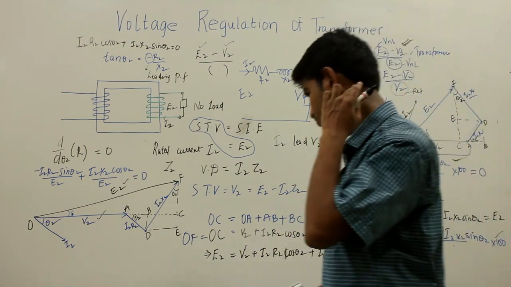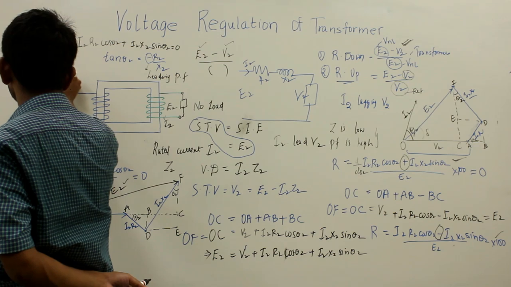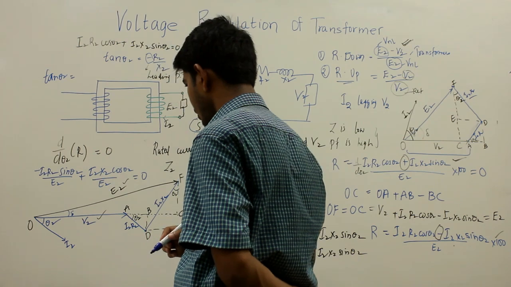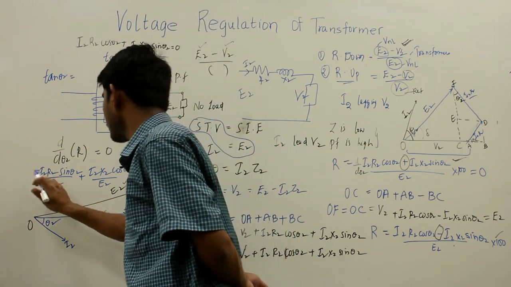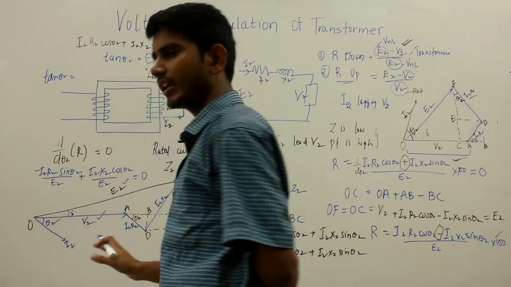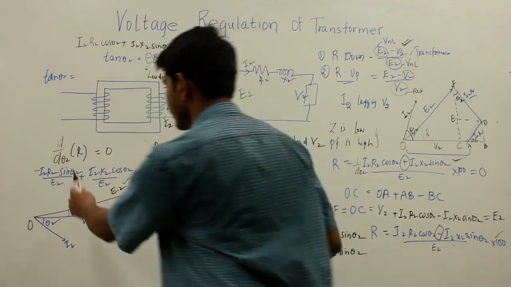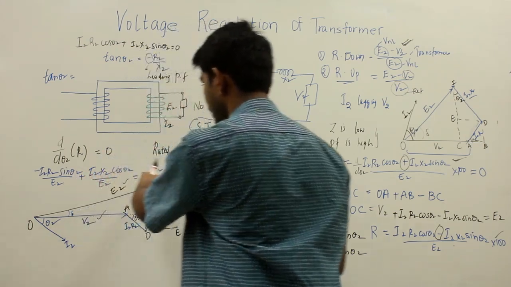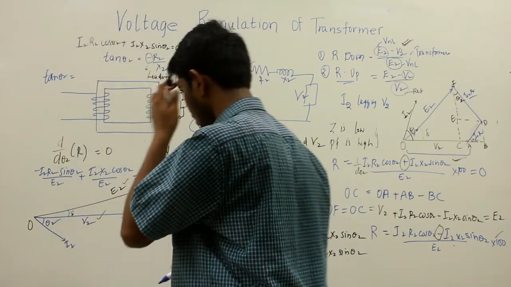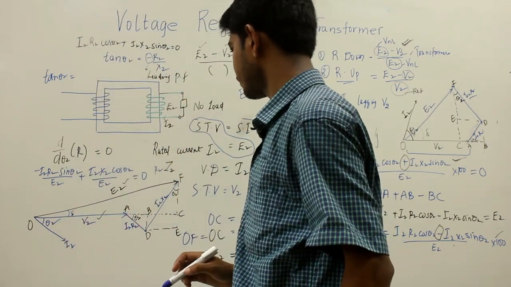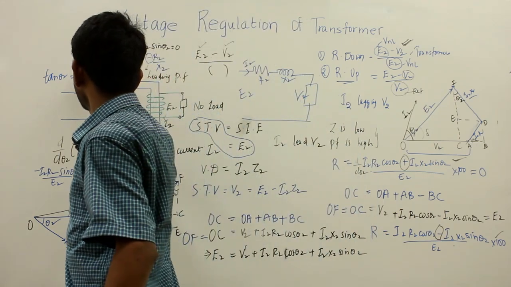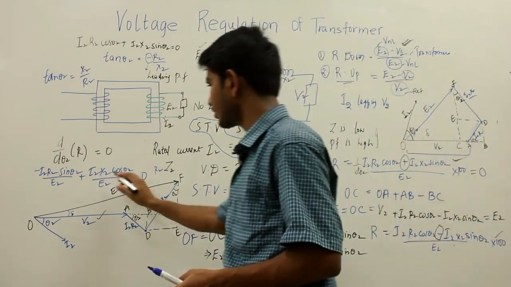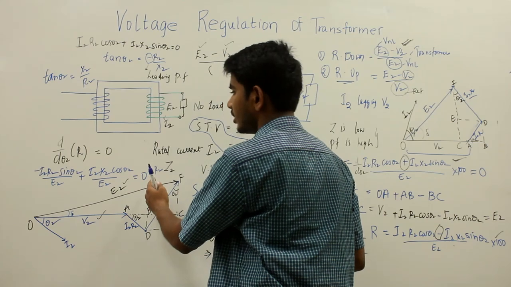Now from here, tan theta 2 will be equal to, after taking this term to the right side, X2 upon R2.